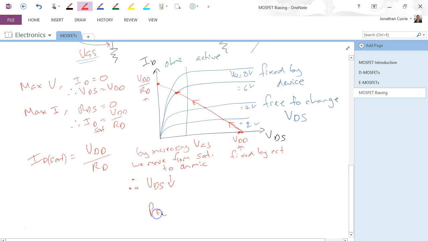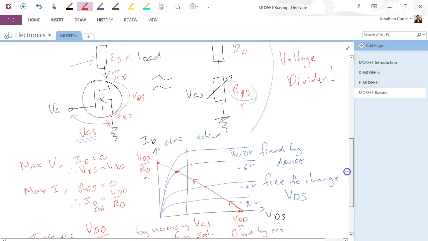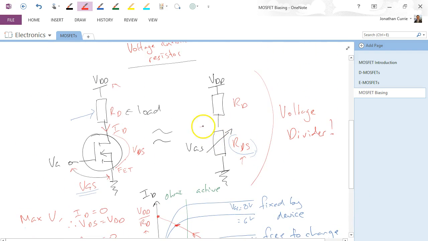P_FET, the power dissipated by the FET, is equal to VDS times ID. Now normally, we want to switch a lot of current, but we don't want a large volt drop across that device. So as we come up this line, what we're actually doing is changing the volt drop here. So this voltage here, VDS, is the voltage across this resistor here.